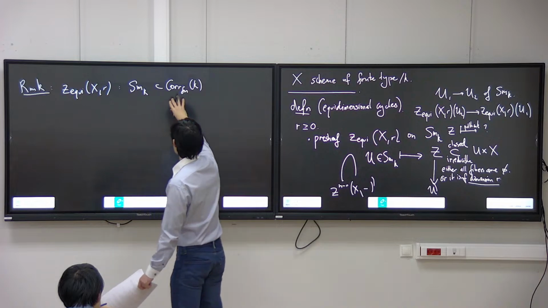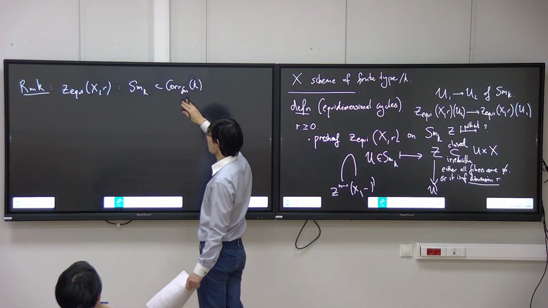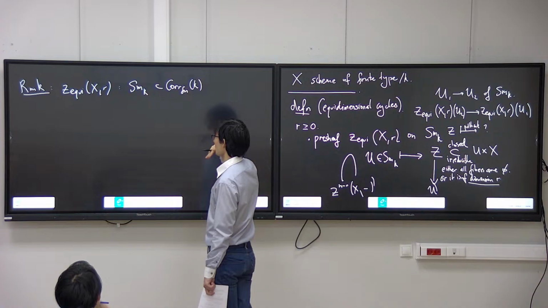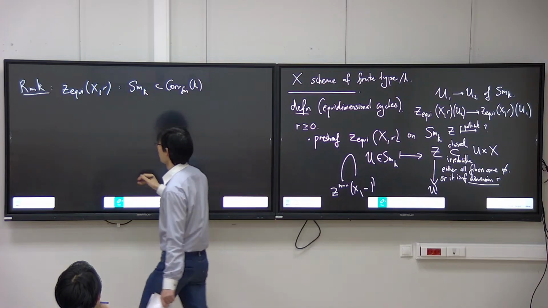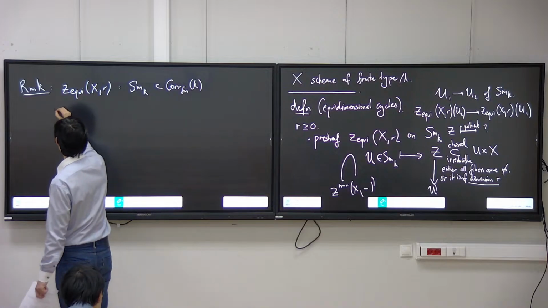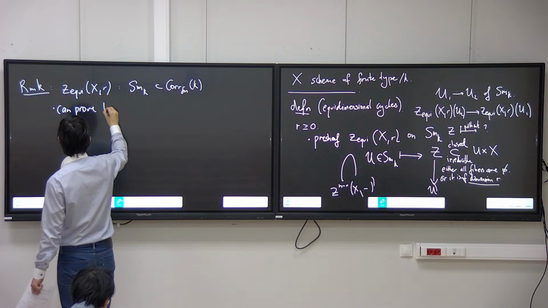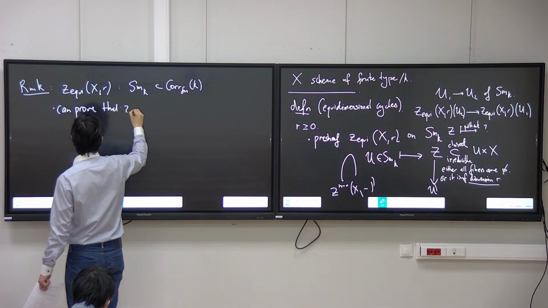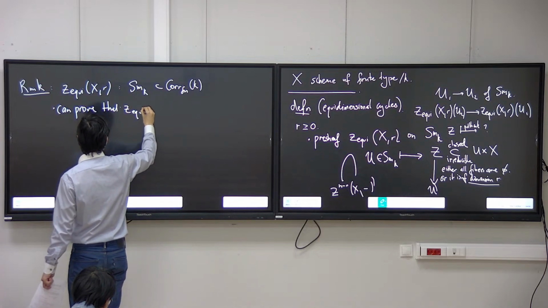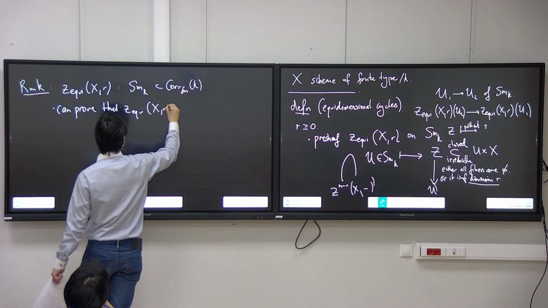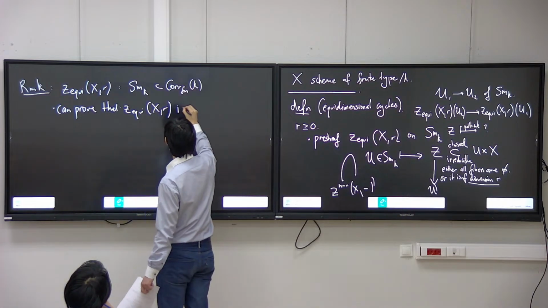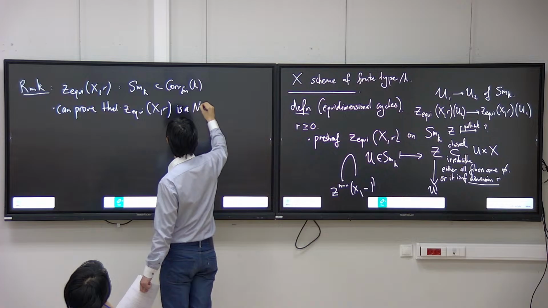And then once you have a functor from here, it's a natural question whether it's actually a sheaf for the Nisnevich topology, and you can prove that Z equi X R is a Nisnevich sheaf with transfers.